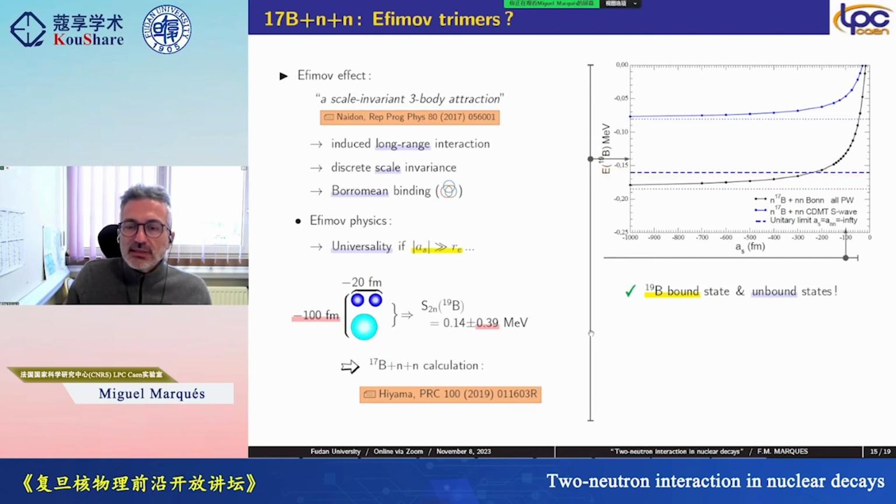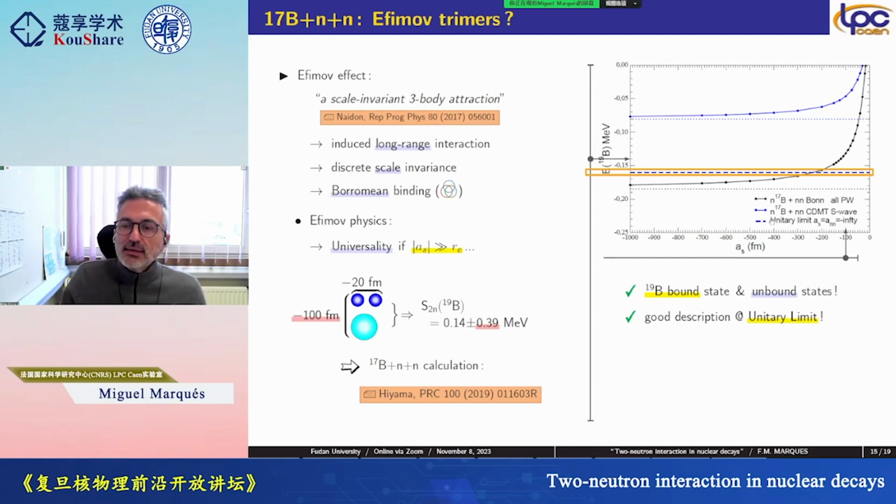And now one interesting thing here about this universality is that the dotted line corresponds to the result when you take the scattering length of boron-18 to infinity. So you go to minus 1000. If you push it to infinity, you get this asymptotic value, so you cannot bind the system more.